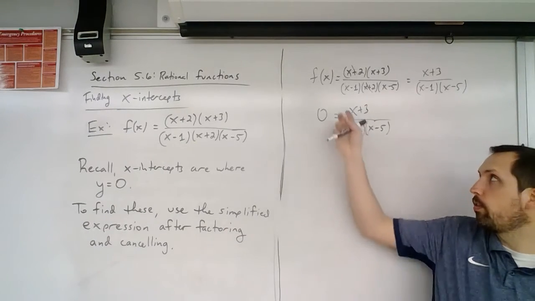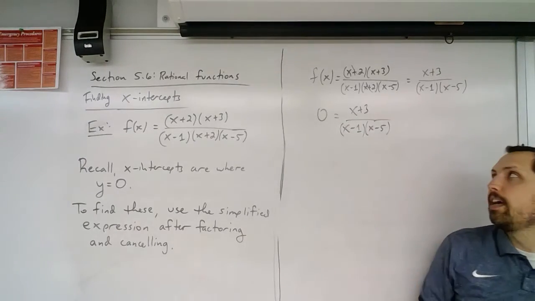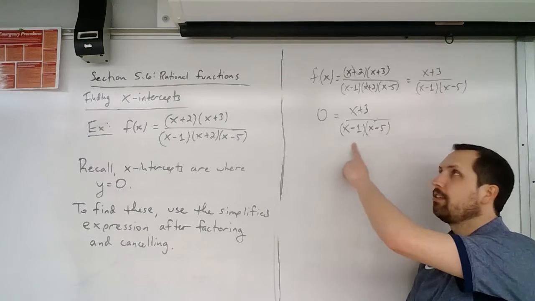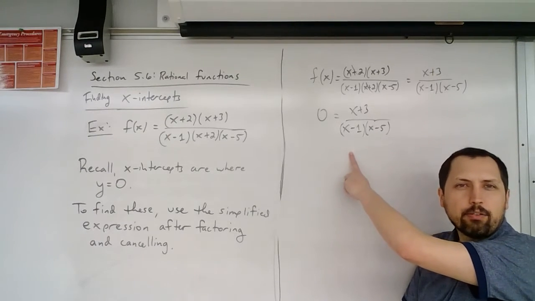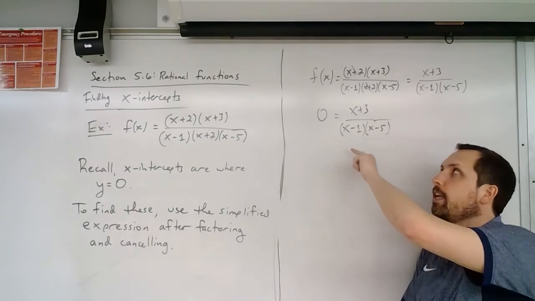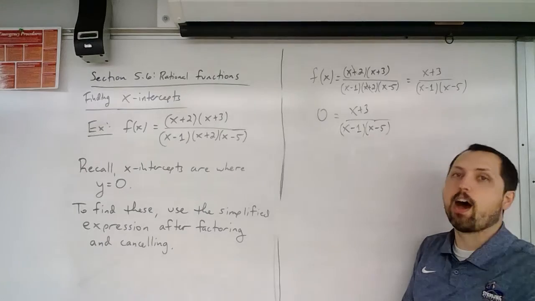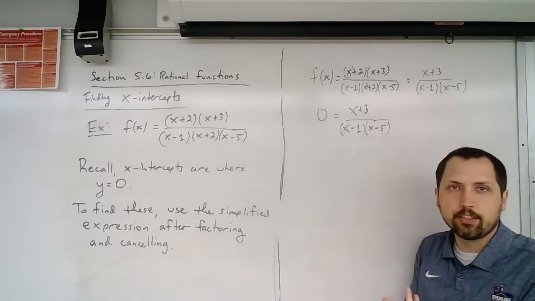We know both of them won't equal 0 at the same time because we've already canceled them. If we try to set the denominator equal to 0, that doesn't make anything equal to 0. A number divided by 0 is undefined, but 0 divided by a non-zero number is equal to 0. 0 divided by 5 is 0. 0 divided by negative 7 is 0.